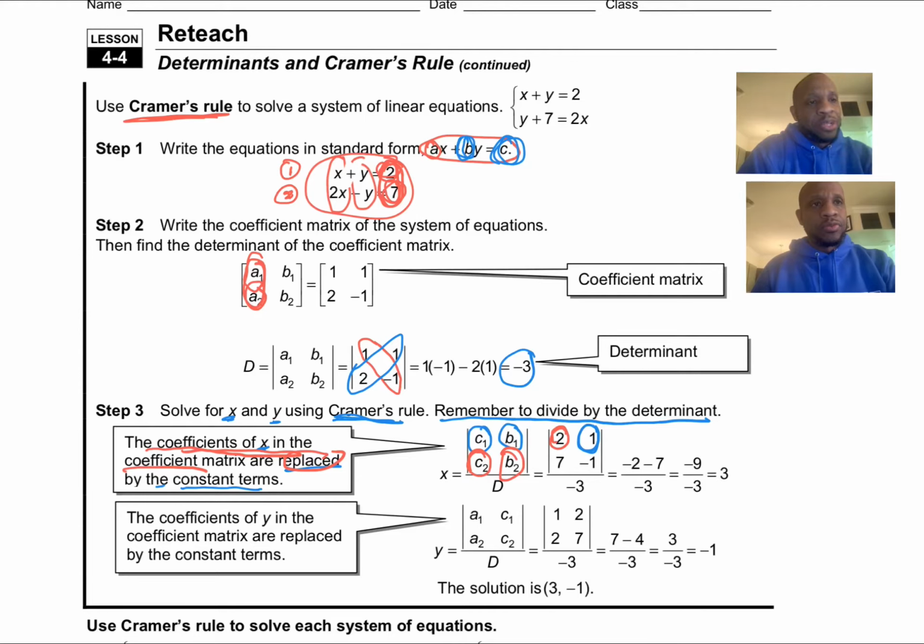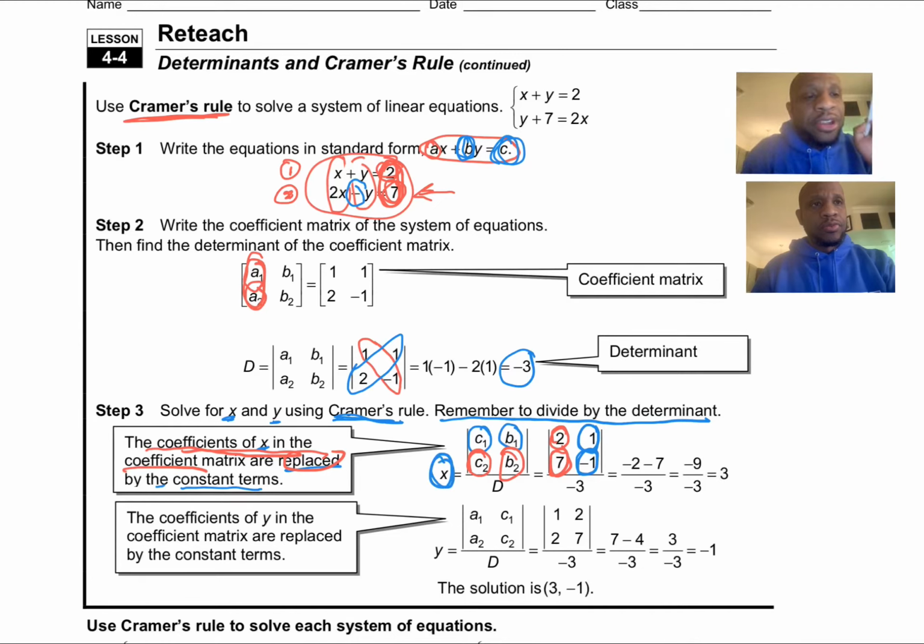And then you're taking the other c, which is the constant in the second equation, 7, that guy right there, and you're putting that right next to the b term, which is the coefficient of the y term. So that's your coefficient matrix, and that's when you're solving for x.